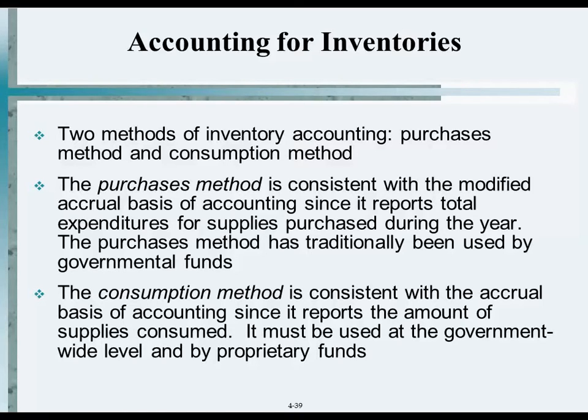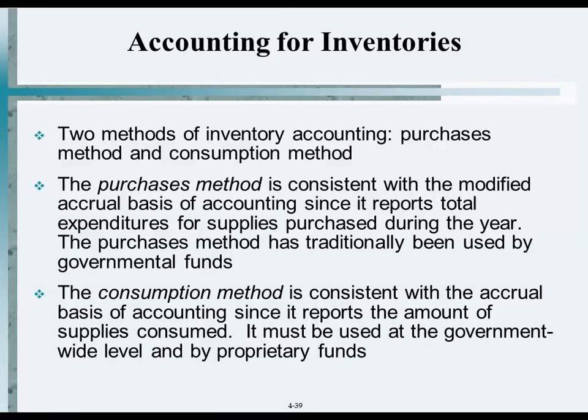But there are governments which might have more inventory. So I want you to now put your commercial accounting hat on. What happens when you buy inventory? What account do you debit and what account do you credit? Debit inventory and credit what? Cash, right? And then when you use it, what do you do? You credit the inventory and debit some expense or something, right?